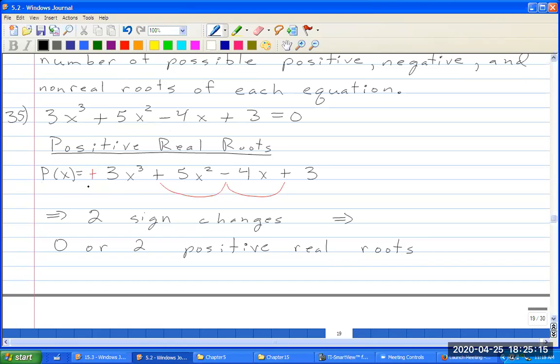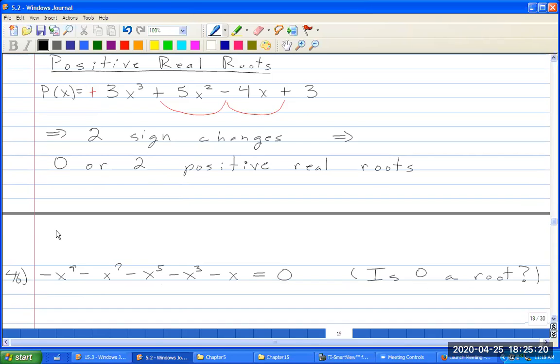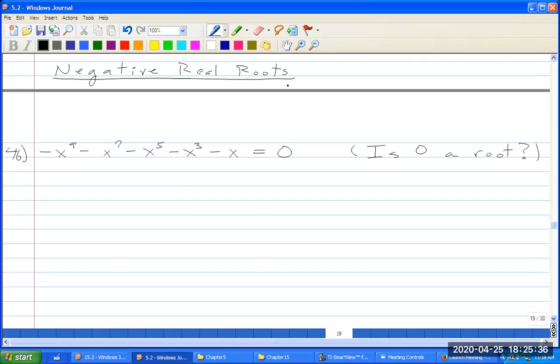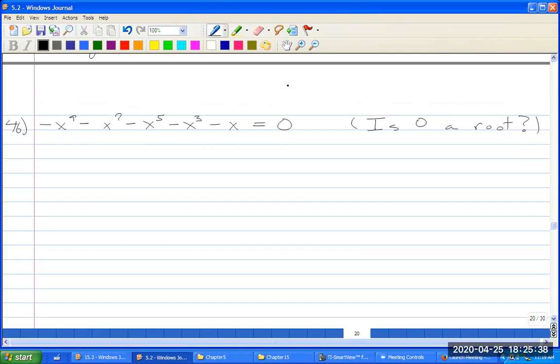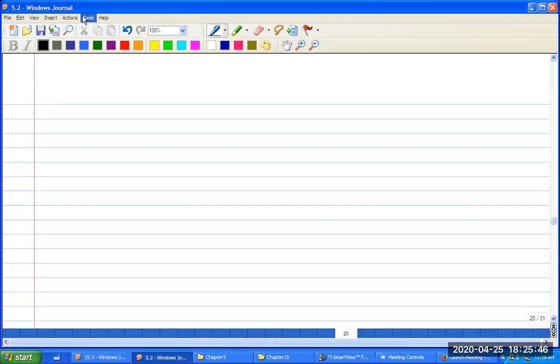Now let's look at the negative real roots. Let me add another page here. Let's replace x by negative x.